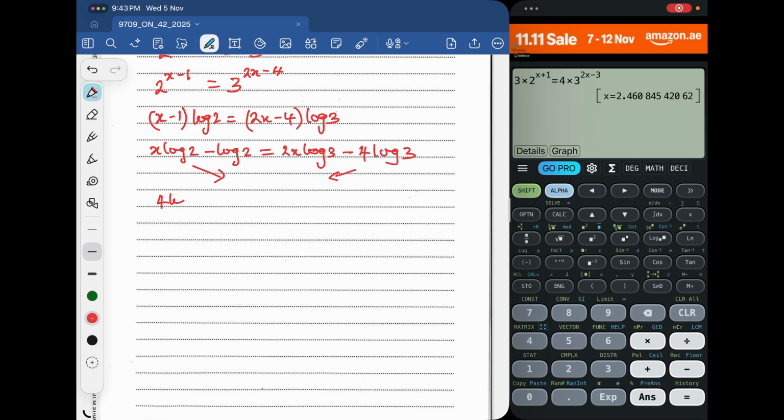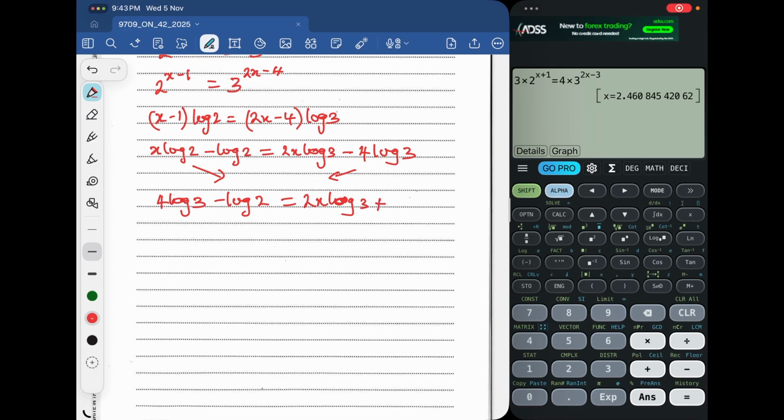So 4 log 3 minus log 2 is equal to 2x log 3 minus x log 2. Okay, let me see what I'm doing. So I'm taking this, then I'm taking 2x, then minus x log 2.